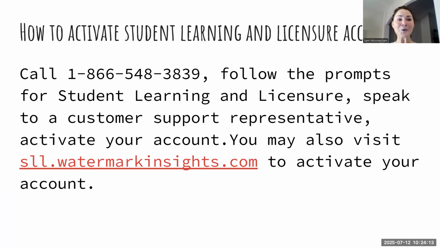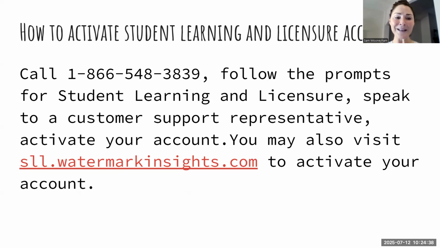So if you need student learning and licensure help for any reason at any time, you can go about it a couple of ways. I prefer to call the number because I can get my problem taken care of within minutes, as opposed to sending them an email and waiting for a response and maybe sending them follow-up information.